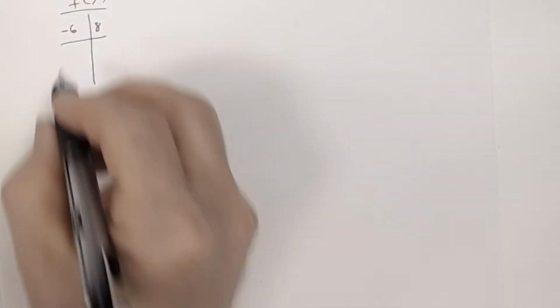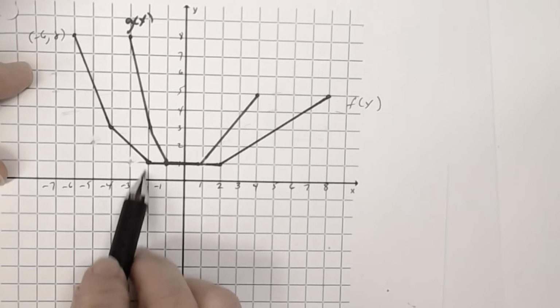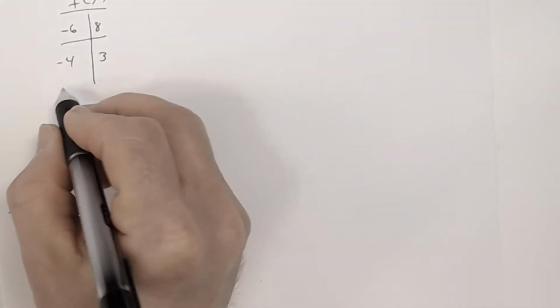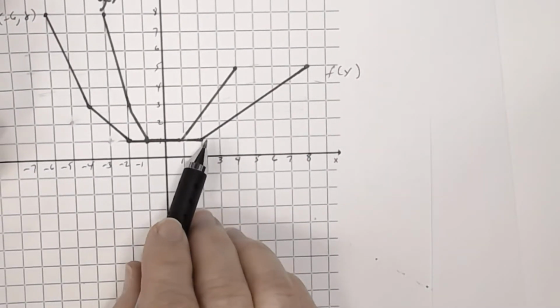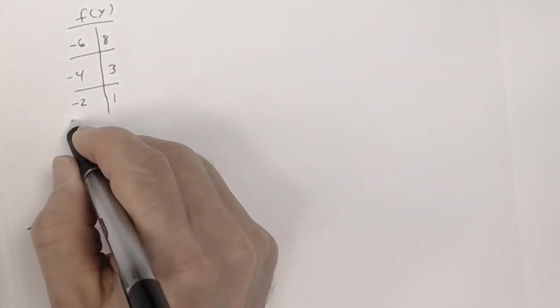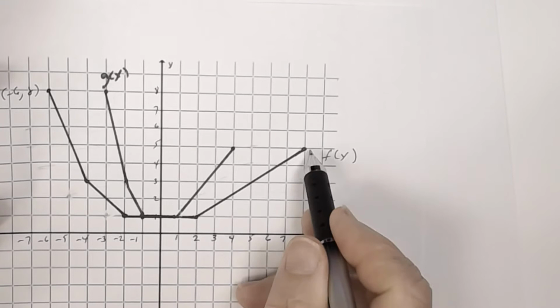This point here is negative 2, 1. This point here is 2, 1. This point here is 8, 5.